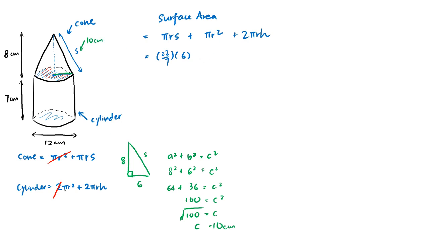So now we have the slant height, which is 10. Plus pi, r, the radius here, which we know is 6 square, plus 2 pi, r over here, which is 6, and the height over here is 7 cm.